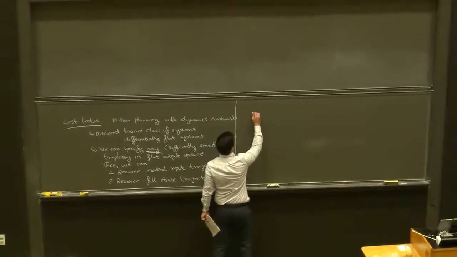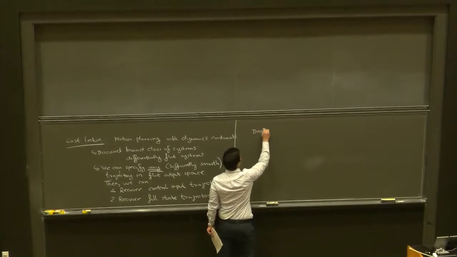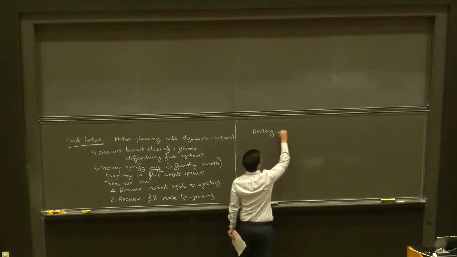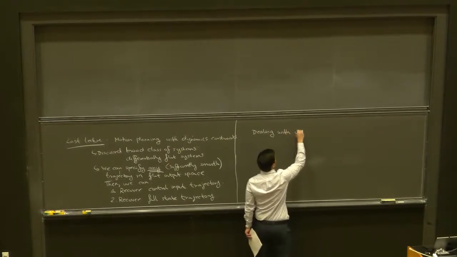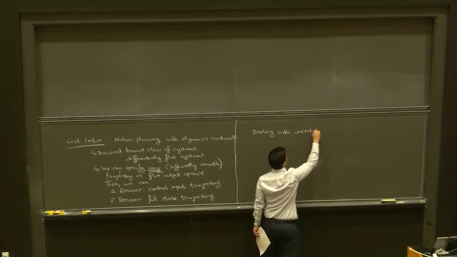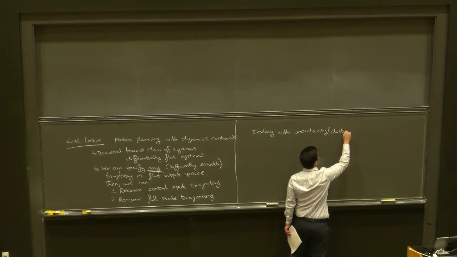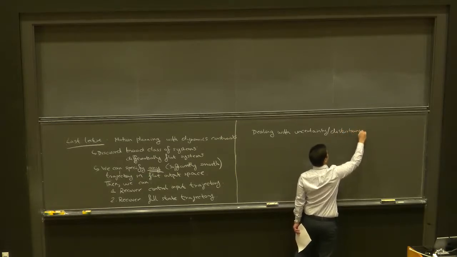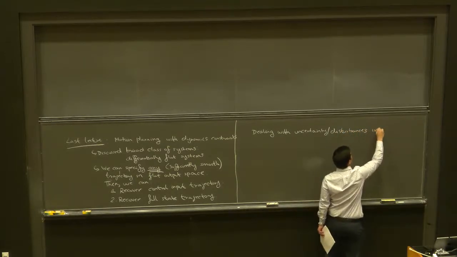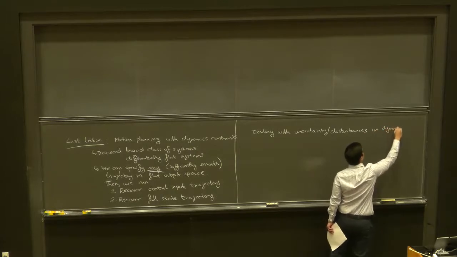Okay, so let me switch now back to the blackboard. So basically, how do we deal with uncertainty or disturbances in the dynamics of your system?